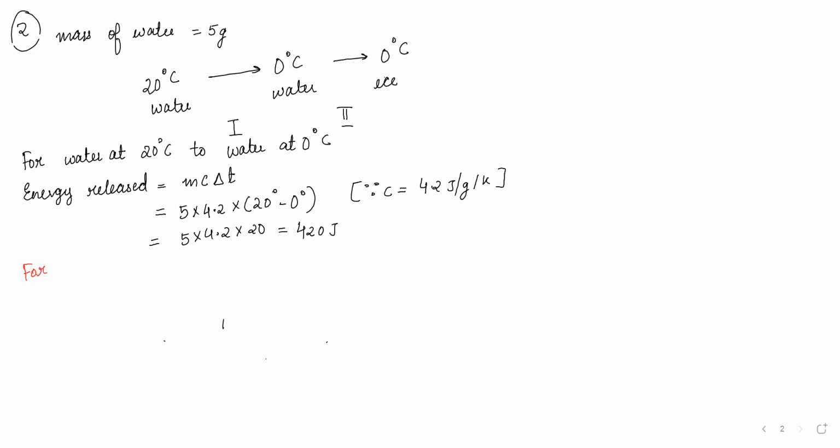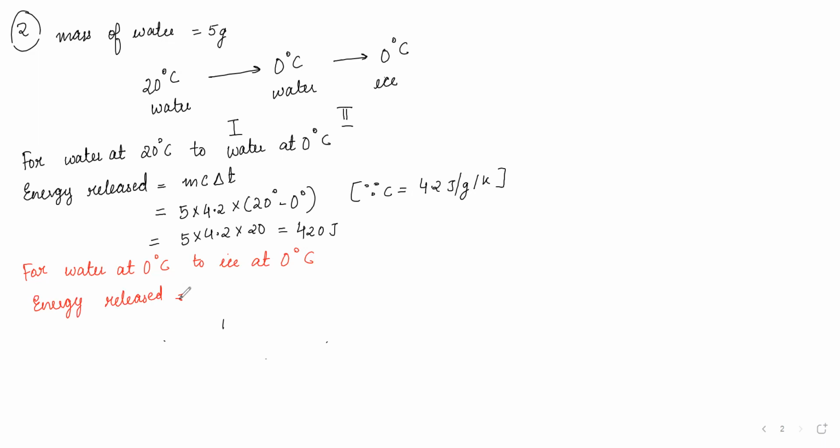For water at 0 degrees Celsius to ice at 0 degrees Celsius, you'll write down the energy conversions. Okay, so energy conversion will be like this. See, the energy released will be equal to what?